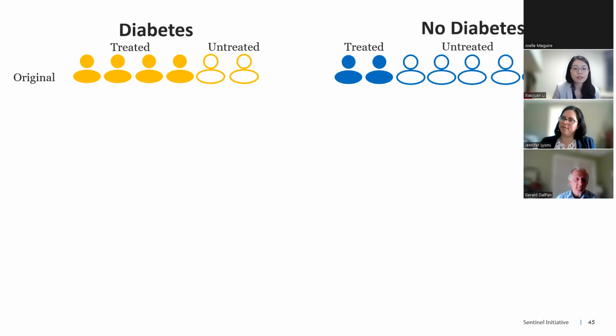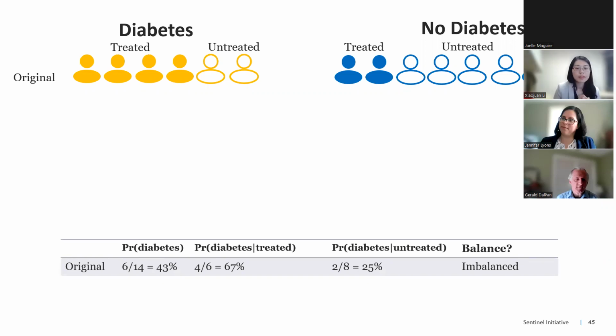The prevalence of having diabetes in the entire population would then be 6 on the left divided by the entire sample size, which is 14. So 6 over 14, which is 43%.